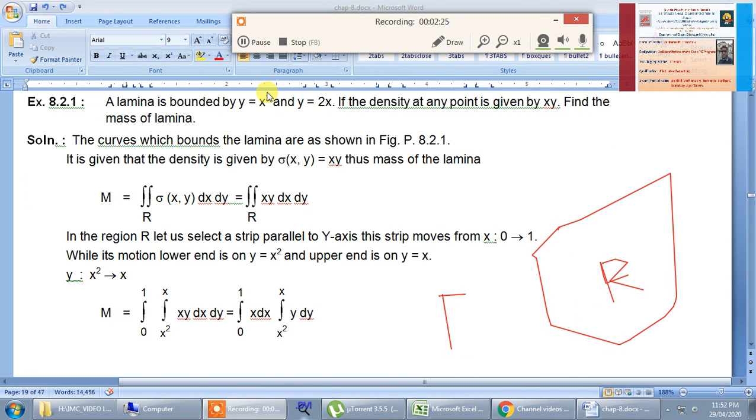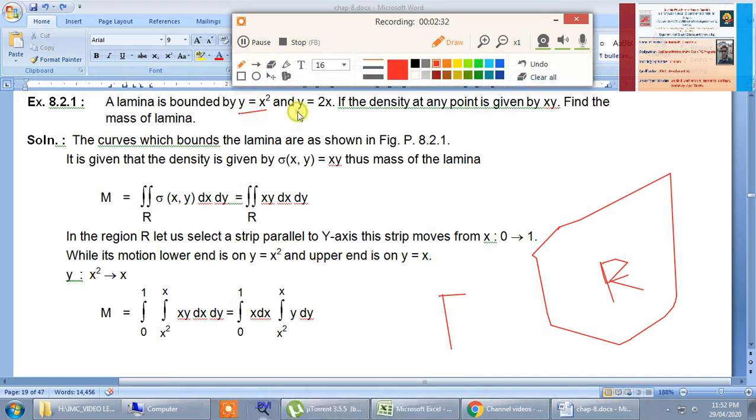These two curves, one is a parabola, which is an upward open parabola, and the other one is y equal to 2x.